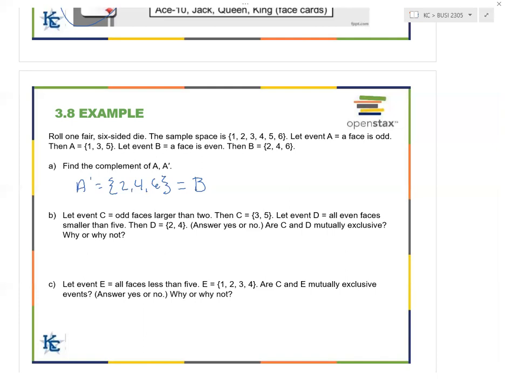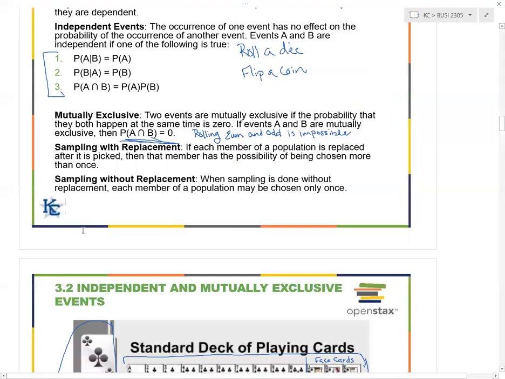Are C and D mutually exclusive? So remember, mutually exclusive means they do not share anything. If we're looking at C and we're looking at D, they don't have any values that are the same. So yes, these are mutually exclusive. And if we were trying to say why it was mutually exclusive mathematically, we would go back to our rule.